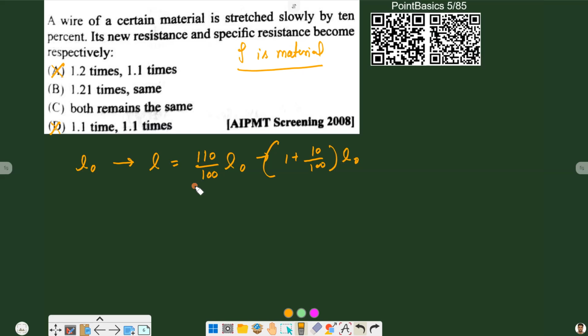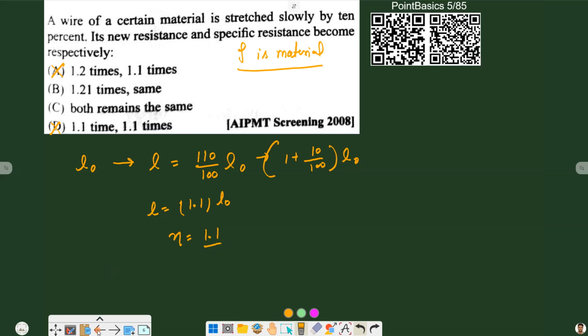And we know that as volume stays constant, the radius will also change. So what we can do, we can do error analysis here and then find the change in resistance, or we can just write like this, that length is equal to 1.1 times L node, and from this we get n is equal to 1.1.